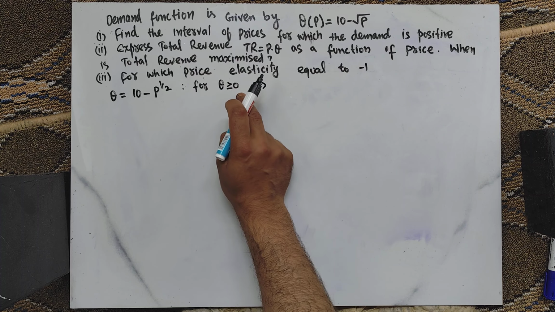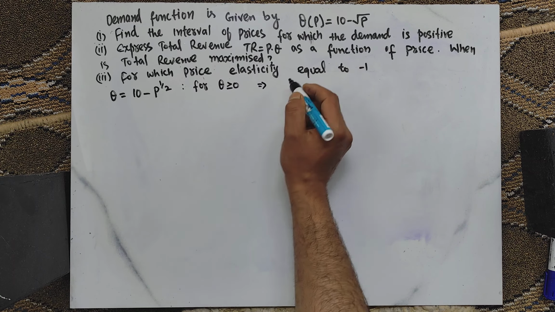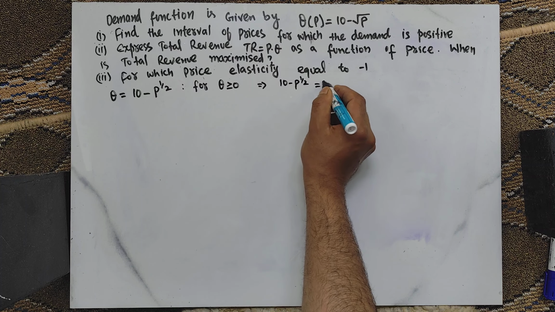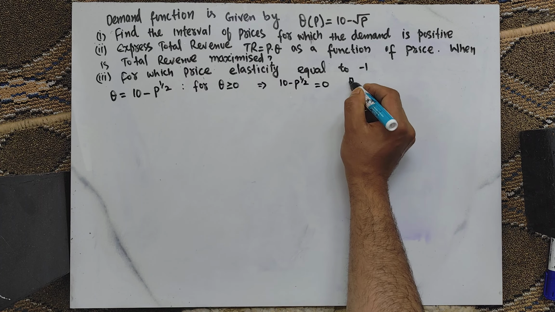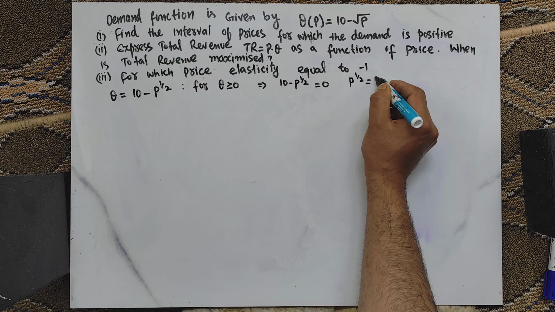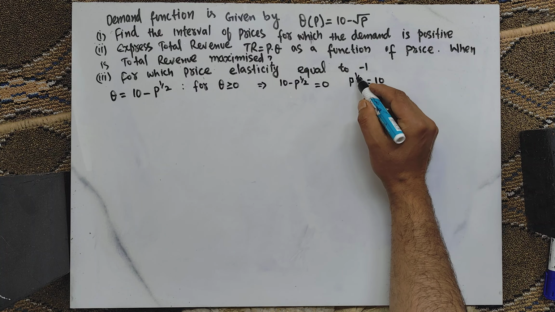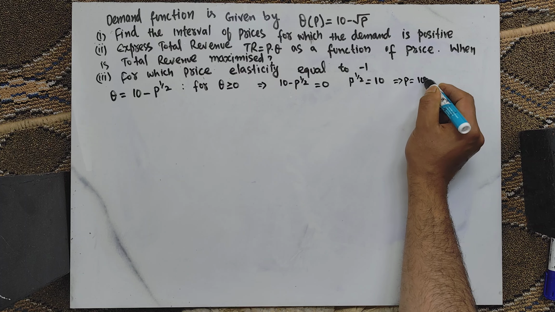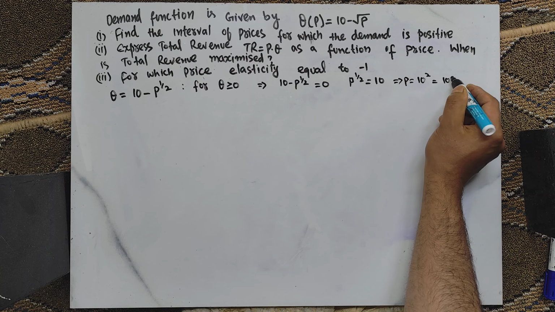So for demand to be positive, let us substitute here. We have 10 minus P raised to the power 1 upon 2 equal to 0, which implies P raised to the power 1 upon 2 is equal to 10. Transpose this, it becomes square. So we have P equal to 10 square, which is equal to 100.